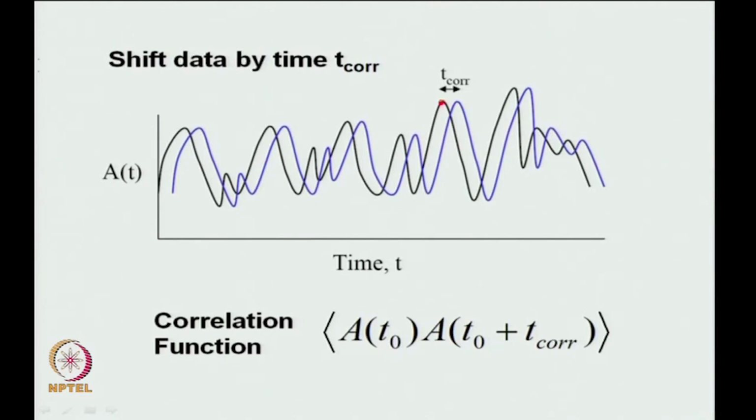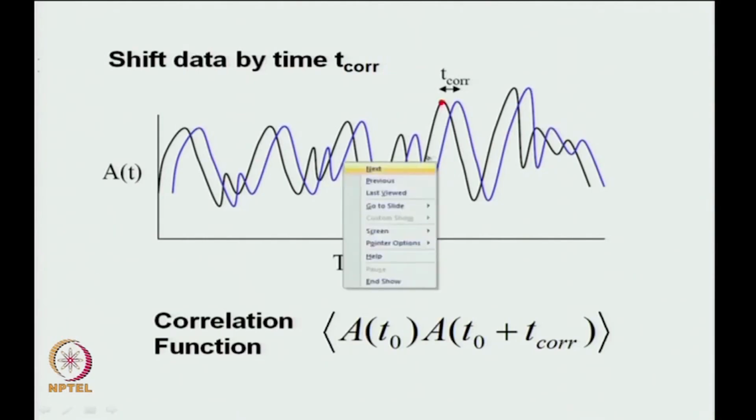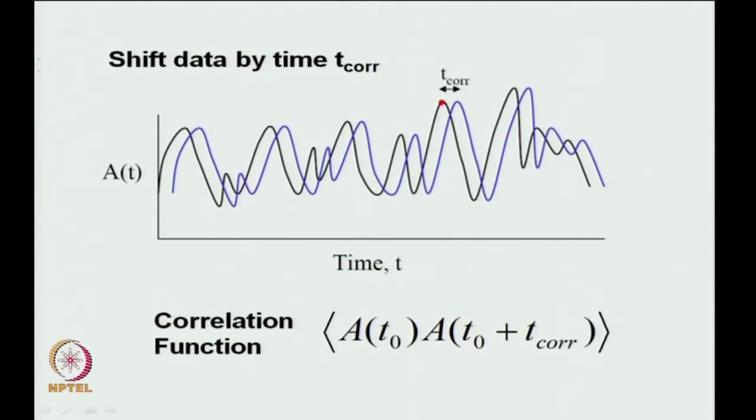Now, if this is how I define my correlation function, what will happen? If initially this was on top, then these two would be absolutely correlated. Now, what is happening is this one is slowly moving out. Because it is moving out, the value of the blue curve at the same time t has already come down to this, but the black curve is still there, because that is what my initial was.